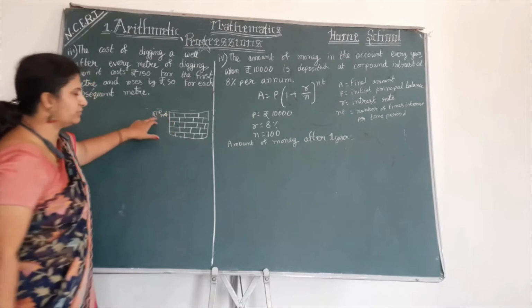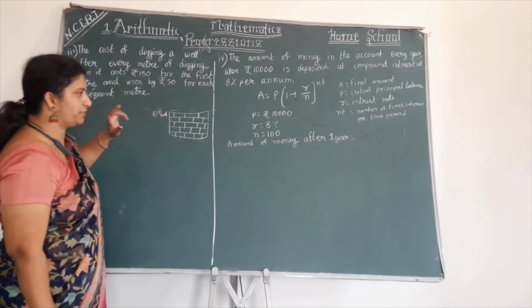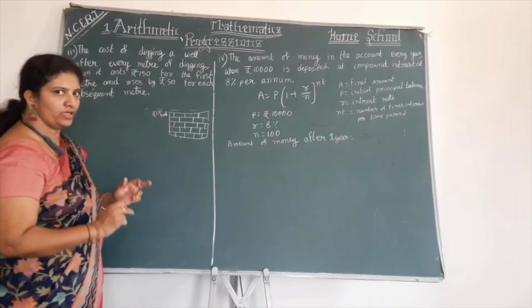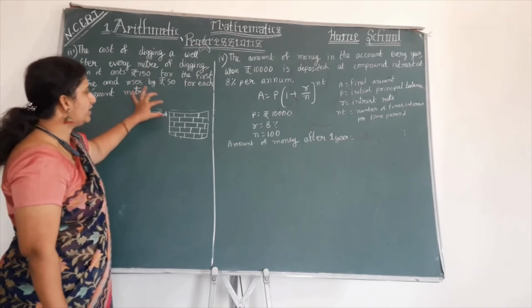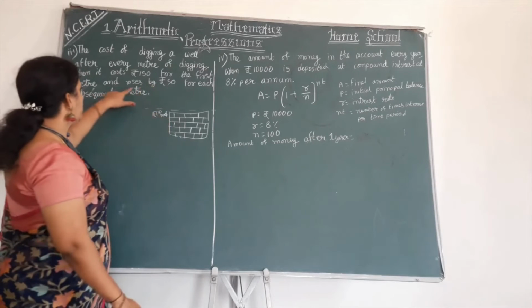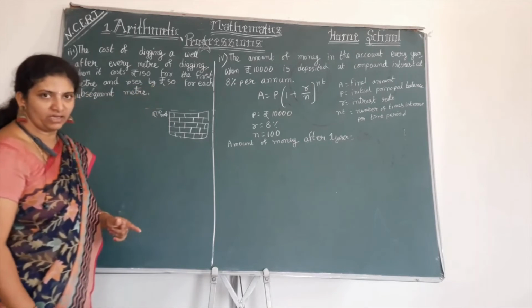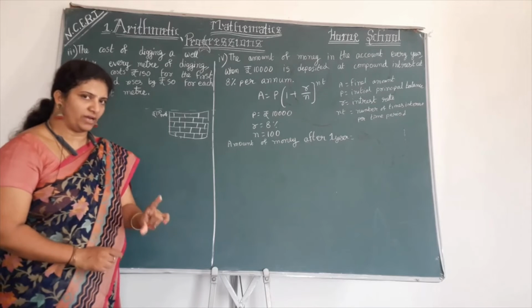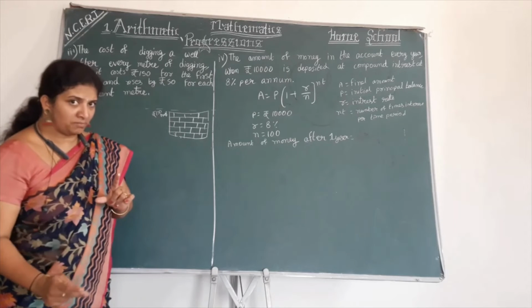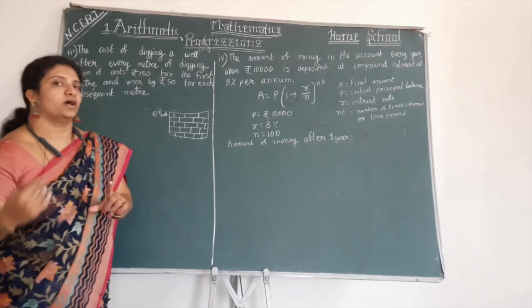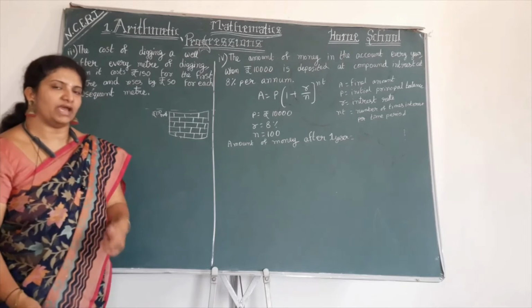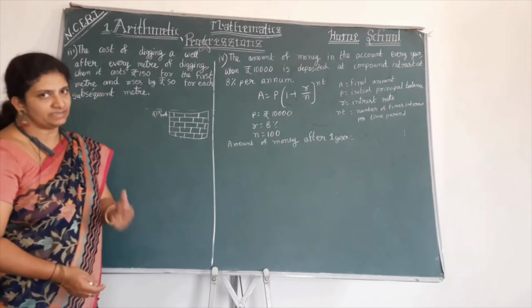Then they have started to dig second meter. They have dug here 2 meters. So how much amount you have to pay here? Only for first meter 150 rupees. Then second meter plus 50. Third plus 50 again. Every time 50 rupees is added.